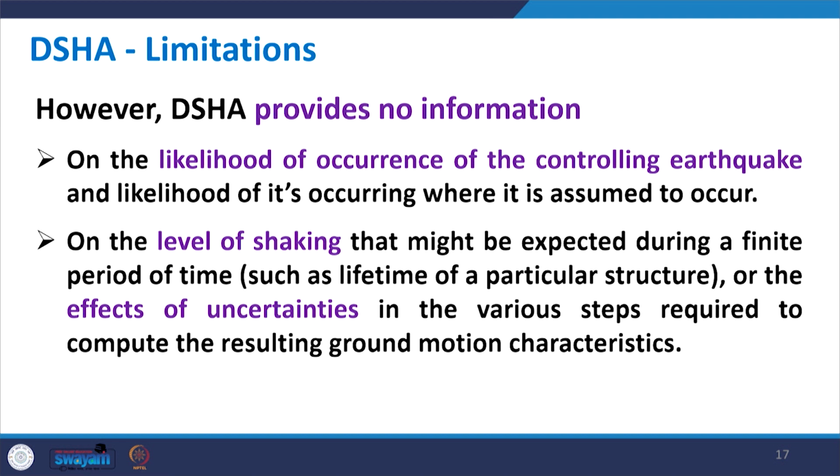So, the issue is this: we have selected for designing our structure that this is my controlling earthquake, but we do not know how good the chance is that this earthquake will be repeated or will come or not come. So, the probability or chances of the earthquake is not included. Here in DSHA we already assumed a conservative approach where we say this is a controlling earthquake and it is certain to come, but sometimes it may happen or it may not happen.